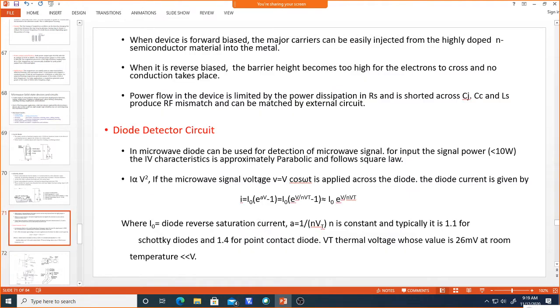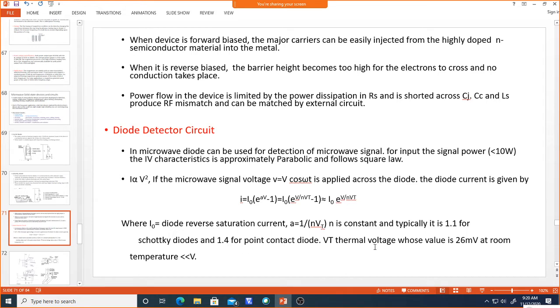This is the signal which we applied, and this is the corresponding current formed across the diode. Here I naught is the diode reverse saturation current, and A equals 1 over N VT. VT is the thermal voltage, and N is a constant, typically 1.1 for a Schottky diode, and for a point contact diode like a crystal diode it may be 1.4.